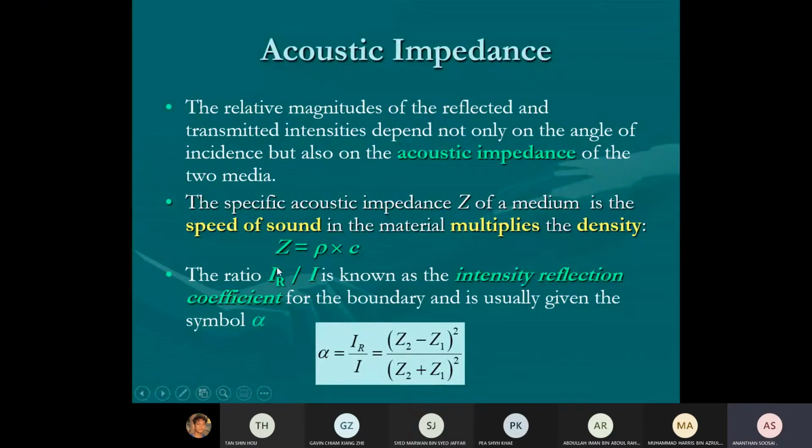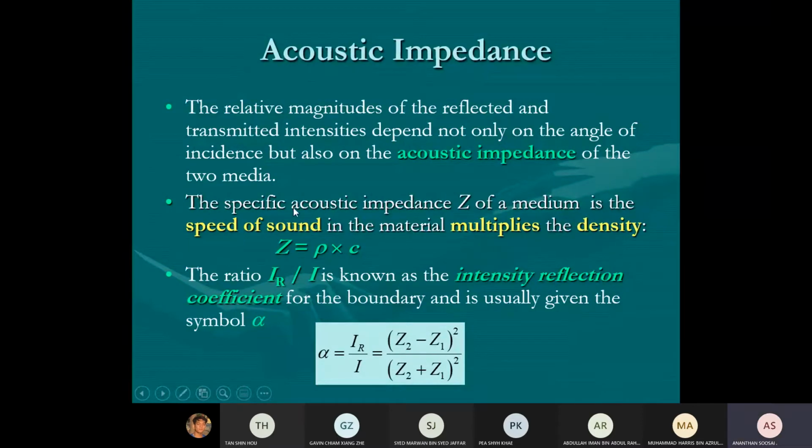Okay, something new: acoustic impedance. As I said, every medium has its own impedance, or the more complete wording, acoustic impedance. It relates to the relative magnitude of the reflection, based on the acoustic impedance of the two media. So what is meant by acoustic impedance? The acoustic impedance of a medium is the product of the speed of sound and the density of that material.